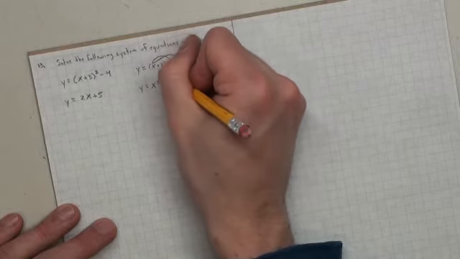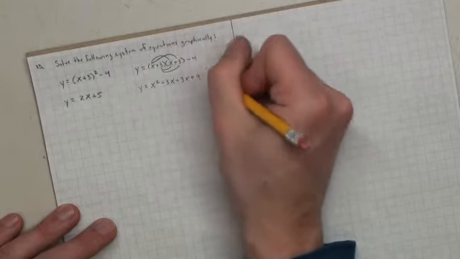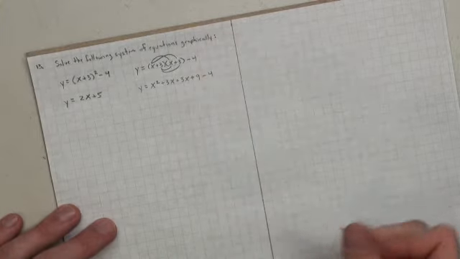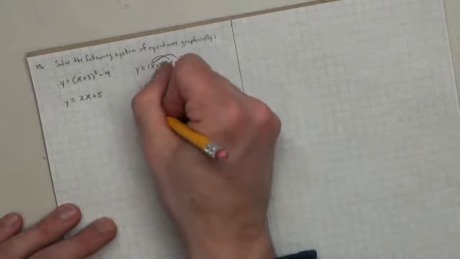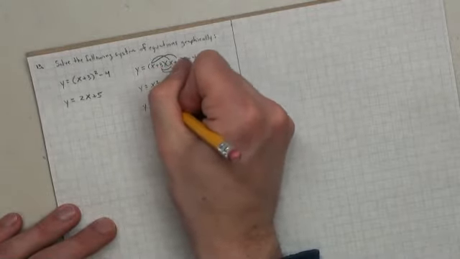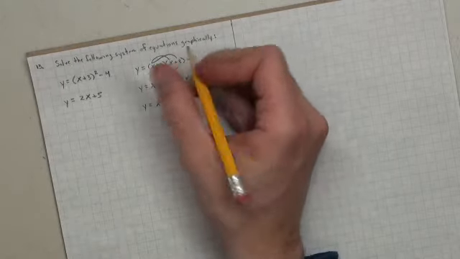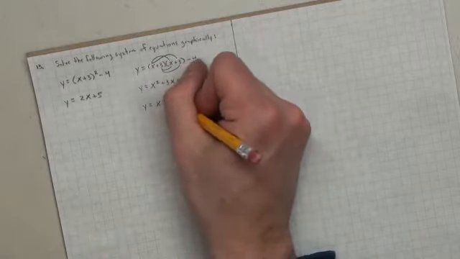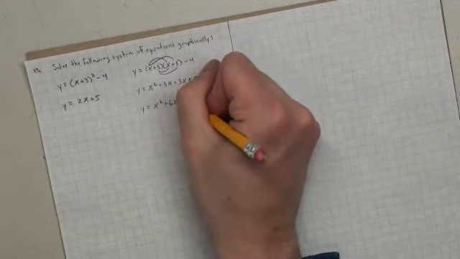And my last terms, 3 times 3 is 9, so that's plus 9, and I still have that minus 4. Now I'm just going to clean it up by combining like terms. So y equals x squared, 3x and 3x becomes 6x, and positive 9 minus 4 is a positive 5.